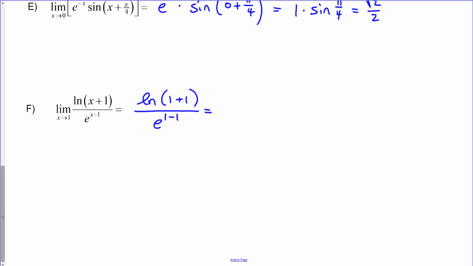The natural log of 1 plus 1 is the natural log of 2. e to the 1 minus 1 is e to the 0, which as we just pointed out is 1. So this is effectively the natural log of 2 divided by 1, which is the natural log of 2. Of course, you could write it as a decimal if you wanted to approximate it, but in mathematics, exact answers are always appreciated and preferred.